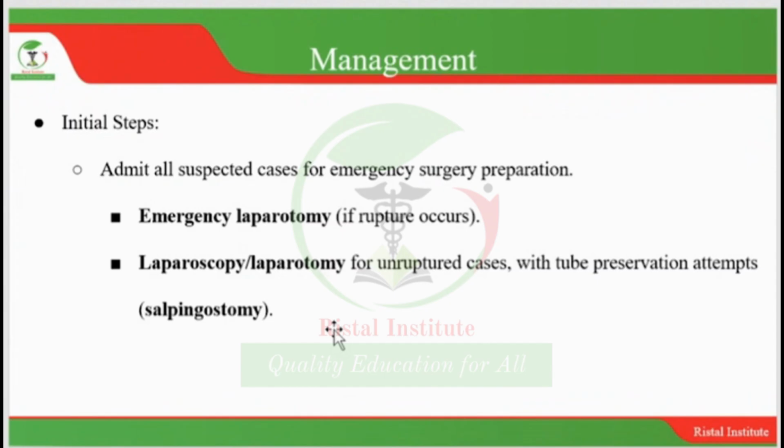So management, we continue. The initial step is to admit all suspected cases for emergency surgery preparation. Here, emergency laparotomy may be done if the ectopic pregnancy is ruptured. Then laparoscopy or laparotomy for unruptured cases with tube preservation attempts. For example, we can talk about the salpingostomy.